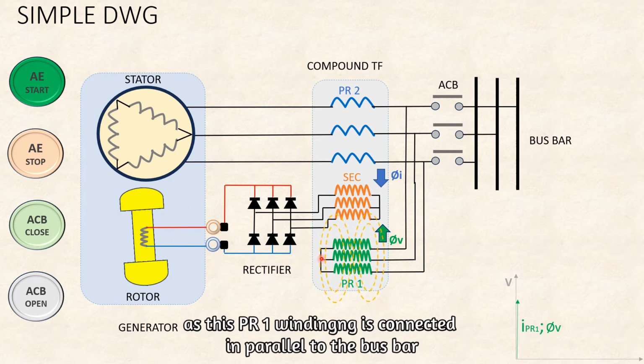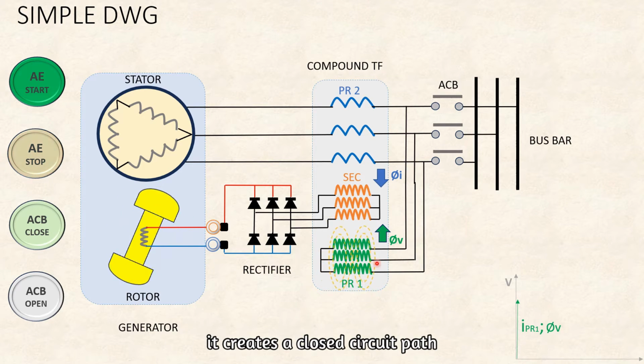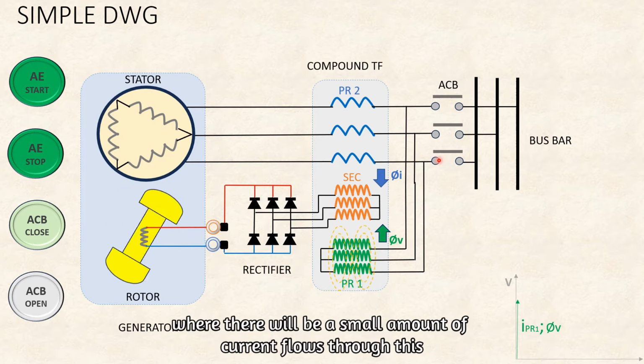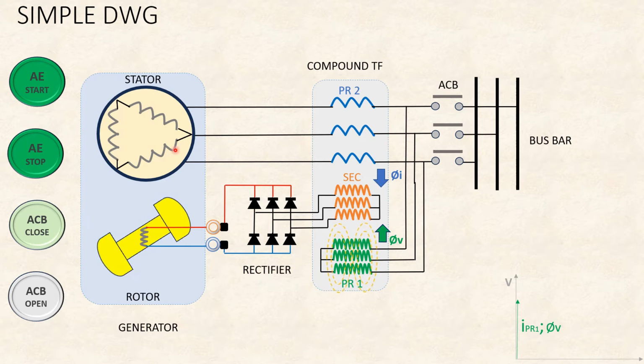But as this PR1 winding is connected in parallel to the busbar, it creates a closed circuit path where a small amount of current flows through this circuit.